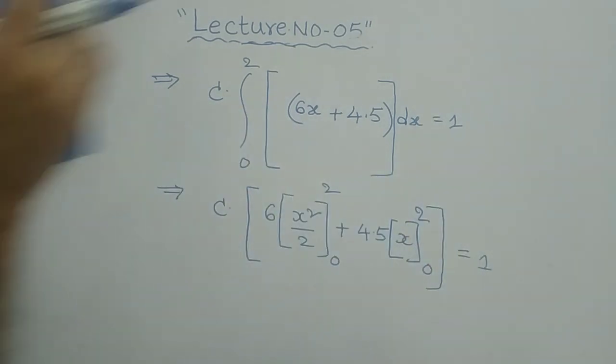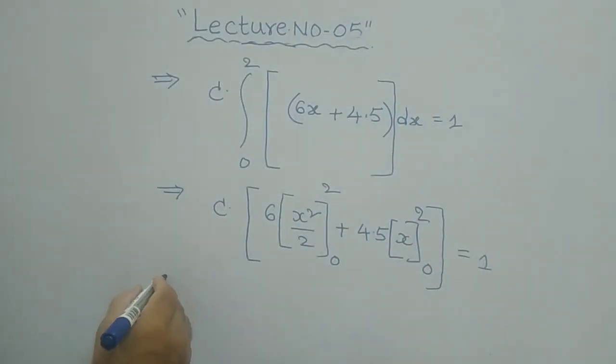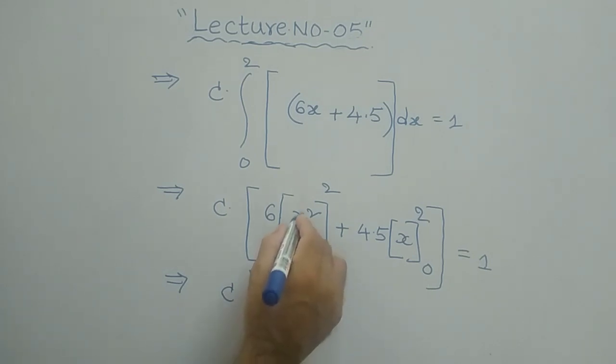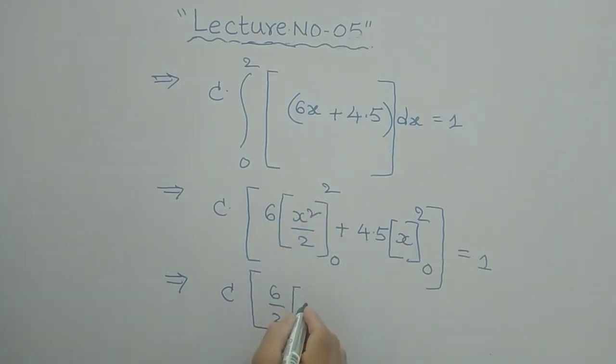Now substitute your limitations. You will get c, and then it is 6, take 2 outside here, and it is x square. In x place substitute 2 square, it is 4 minus 0, however 0 only, therefore you will get 4 here, plus it is 4.5 into x.